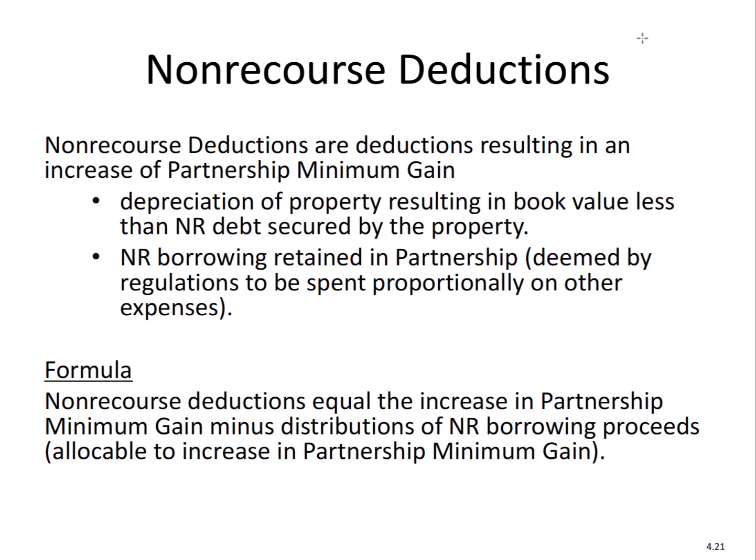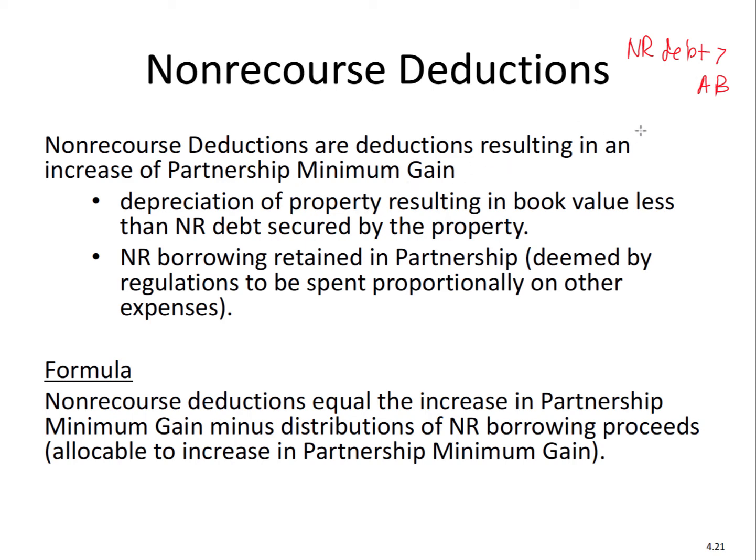And remember that you can't use substantial economic effect because the non-recourse debt exceeds the adjusted basis or book value. So any deduction that surpasses that amount, once it goes beyond that amount, once this amount becomes greater than zero, this amount, the non-recourse debt is greater than adjusted basis, then that's the simple way to know you have a non-recourse deduction. These are deductions resulting in an increase in partnership minimum gain.